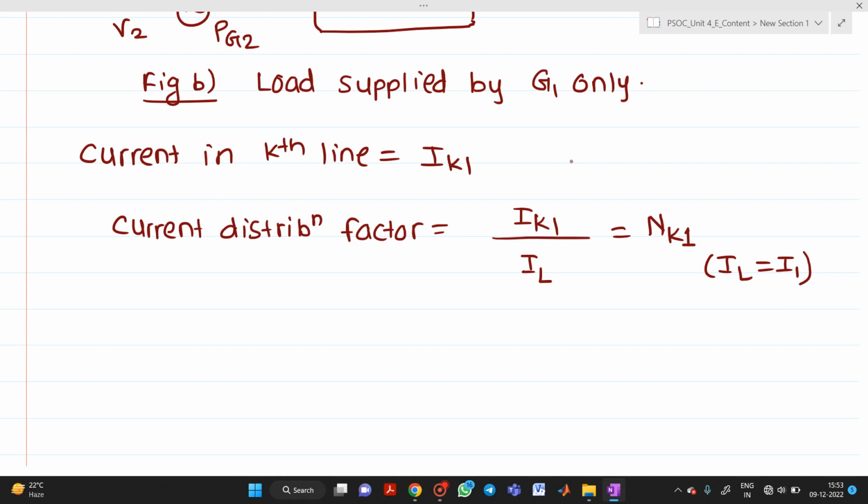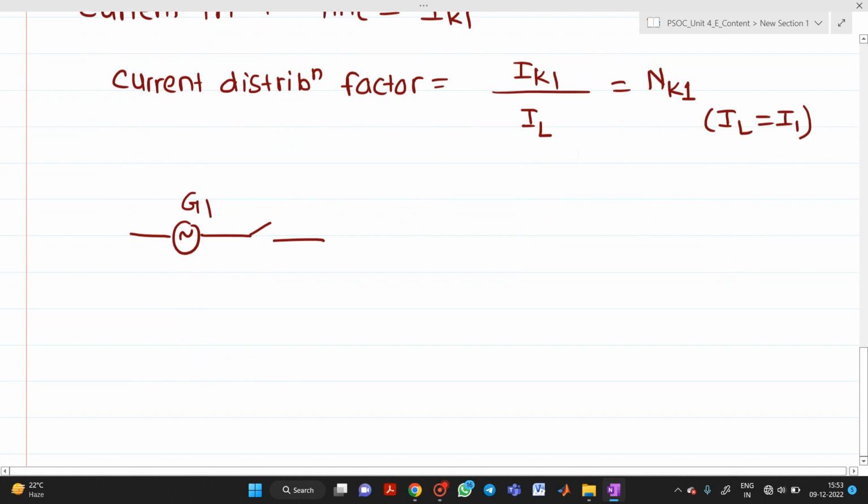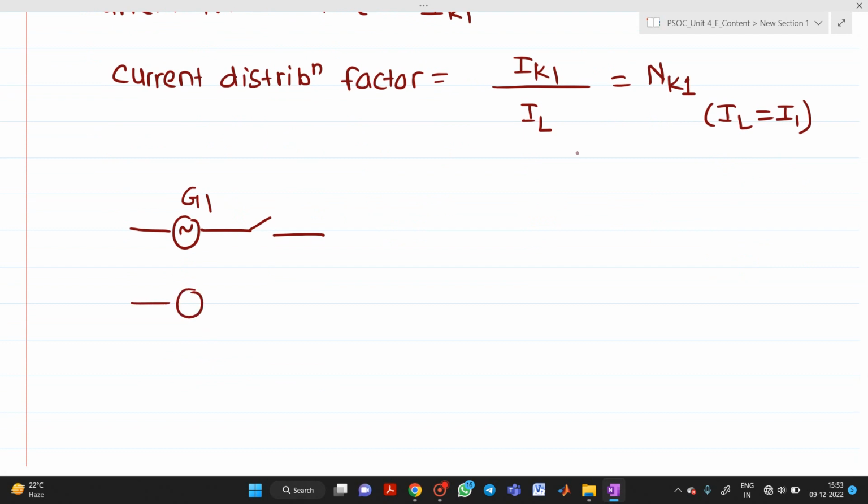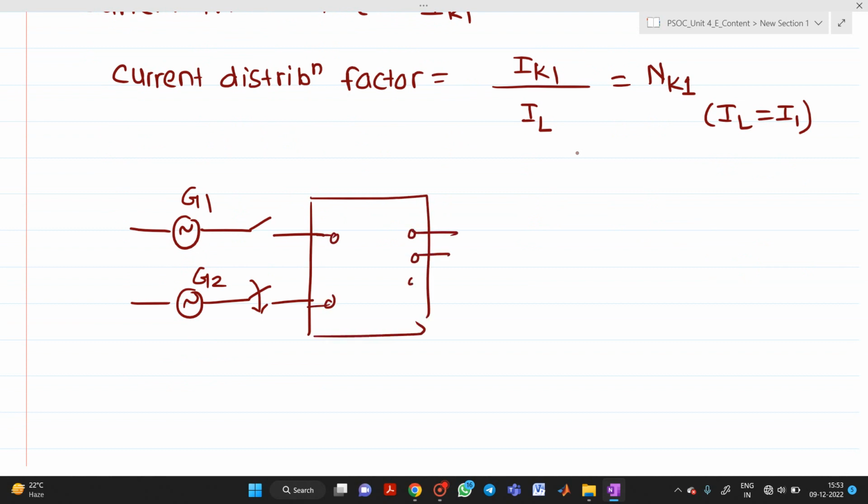Now let us assume the second situation, where only generator G2 is acting alone. How do we draw it? Again, it's simple. This is your generator G1, and here the switch will be open. Then this is your generator G2, and here the switch will be closed. This is your system, and this is the load where it is connected.